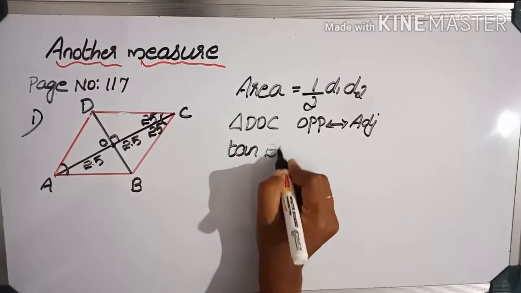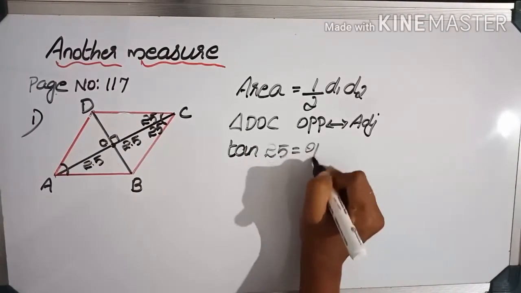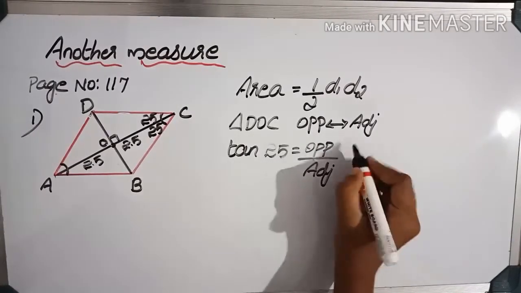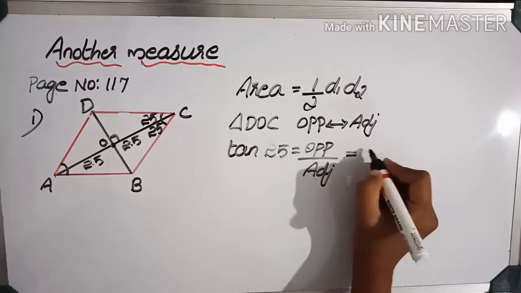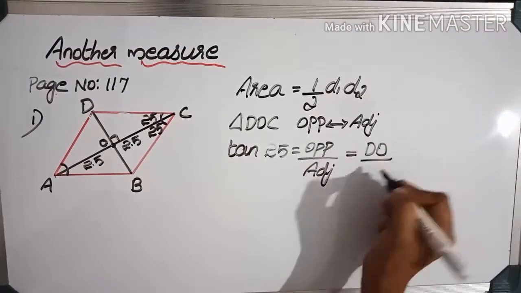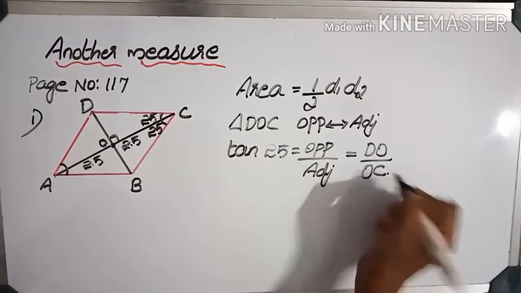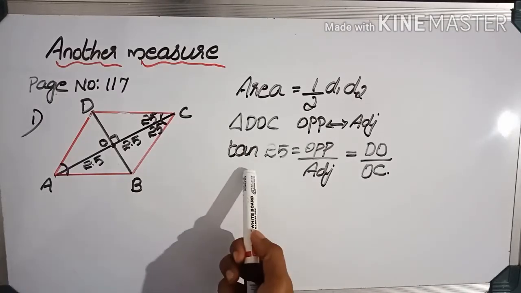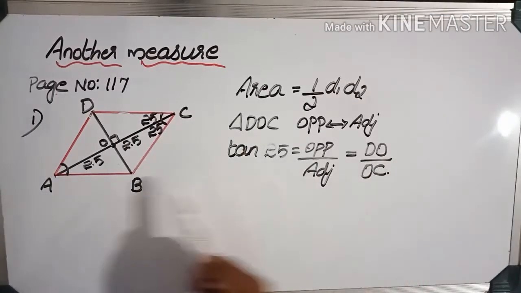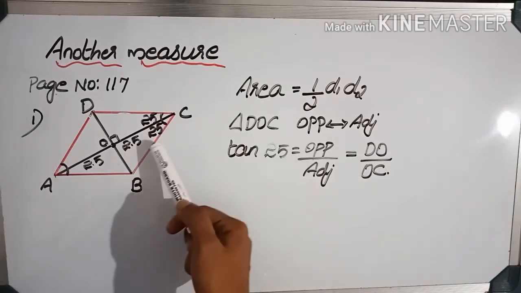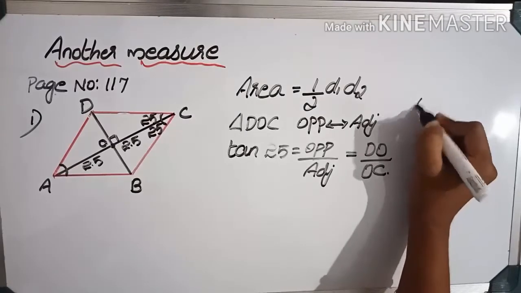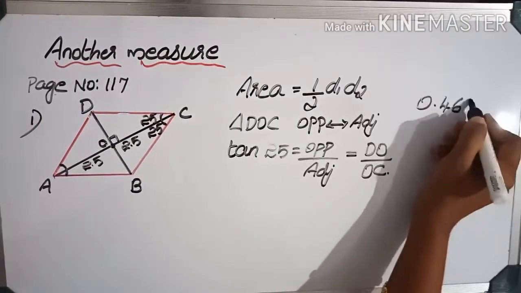So tan 25 equal to opposite side by adjacent side. Here opposite side is DO by adjacent side is OC. Now we have to write the value. Tan 25, DO we don't know, OC we have, that is 2.5. Tan 25 is actually 0.4663.